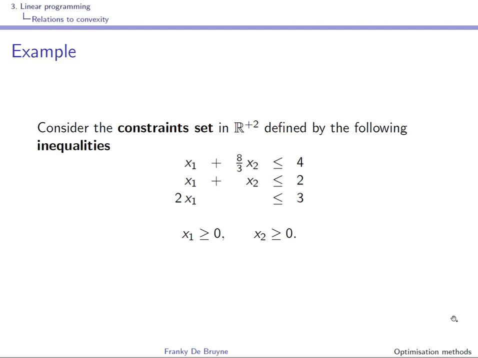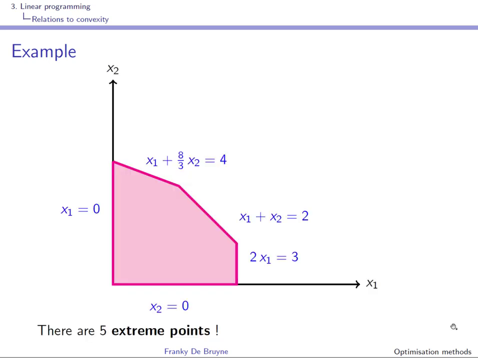So we'll work in R square so that we can represent things, right? And there are 3 constraints here, and since we work with non-negative x1 and x2, we only have to consider R square plus. Since we work in R square with 2 operational variables, we can represent everything.